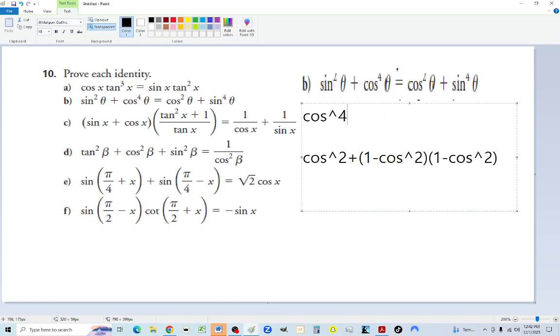So this becomes cos squared minus cos plus 1. So if I multiply this out, I get cos squared plus 1 minus 2 cos squared plus cos to the 4.